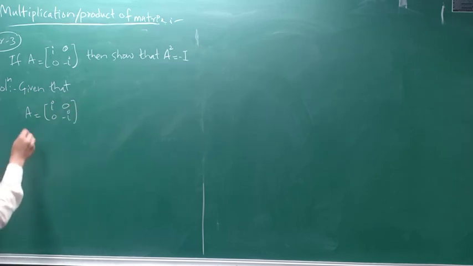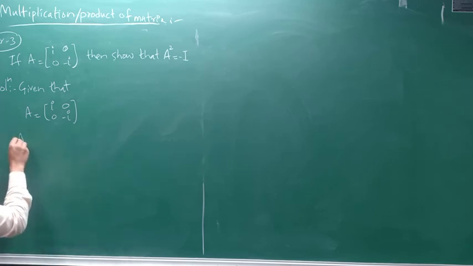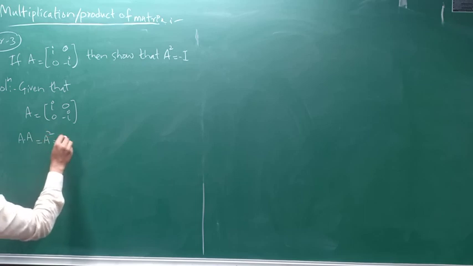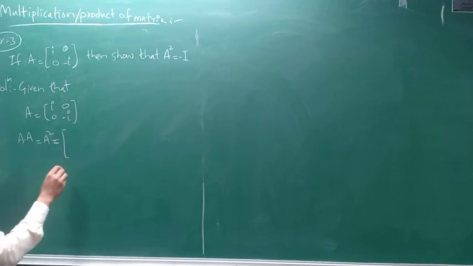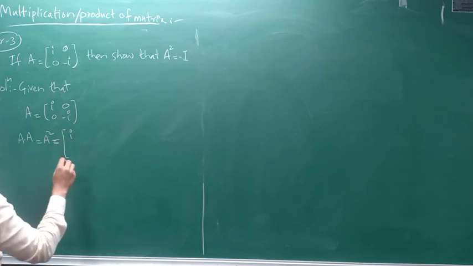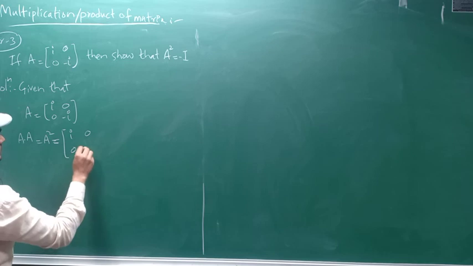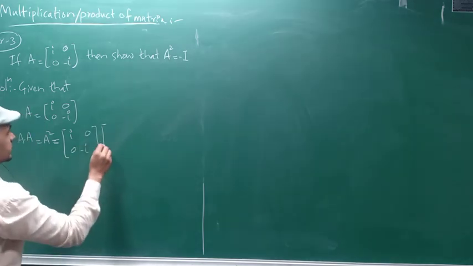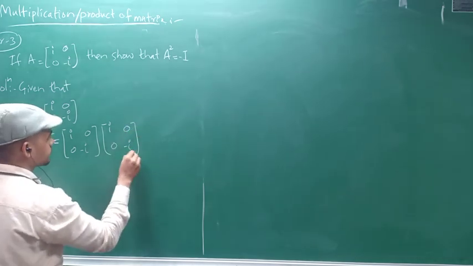Now if I multiply A into A, I will get A square. So for this I will multiply with the same matrix, i 0 0 minus i.